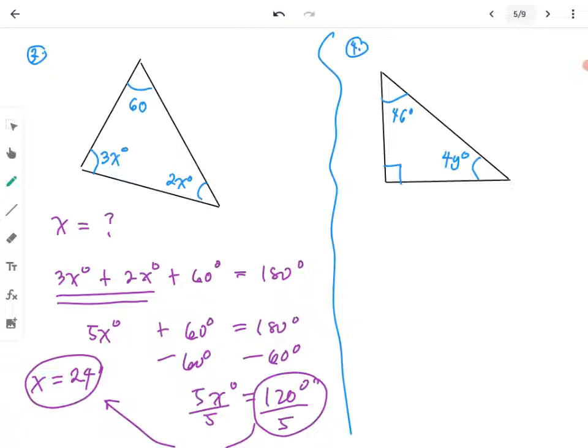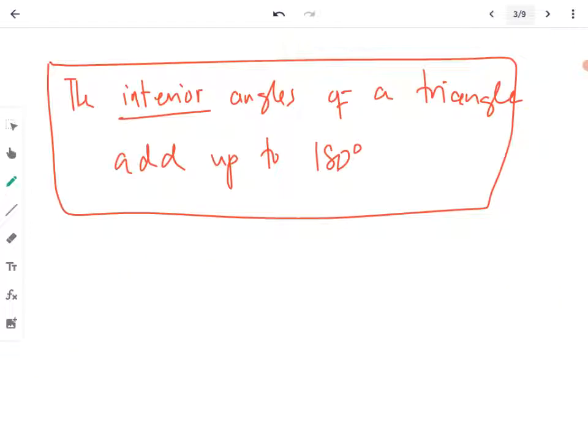Number 4. In this case, we have a right triangle. When we see this type of triangle, this is 90 degrees, so this is a right triangle. The same principle, we say 4y plus 90 degrees plus 46 degrees all add up to 180 degrees. So we are actually just using this mathematical rule.